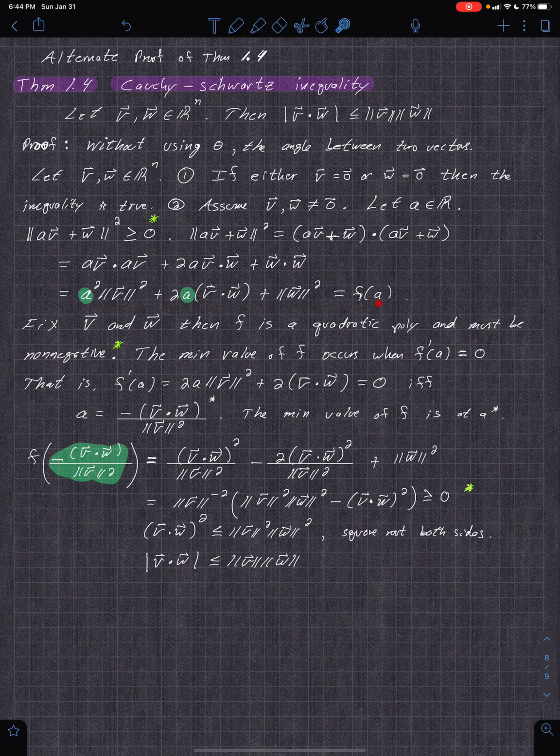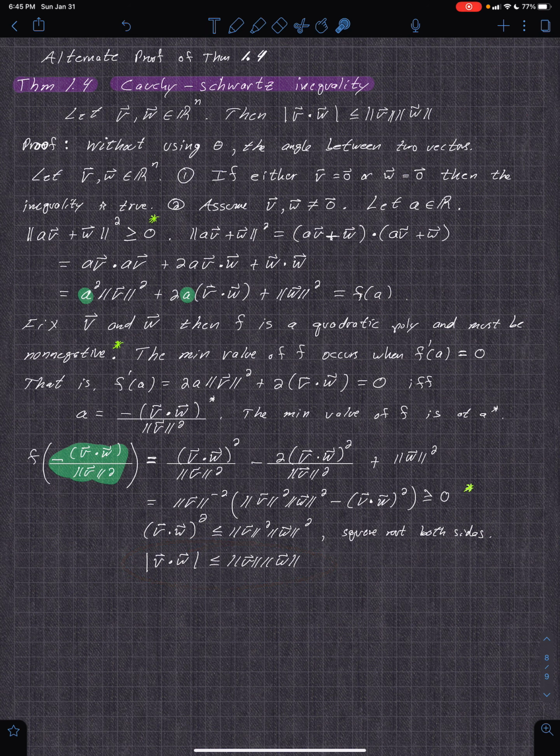What's the minimum value it can be for any a? Well, it's this value, and it has to be positive because it's what you started with. And then if this is positive, then this has to be positive, which gives you this, which gives you the inequality, right? This difference has to be positive. You can't do a product and get a negative, and therefore you have the inequality.